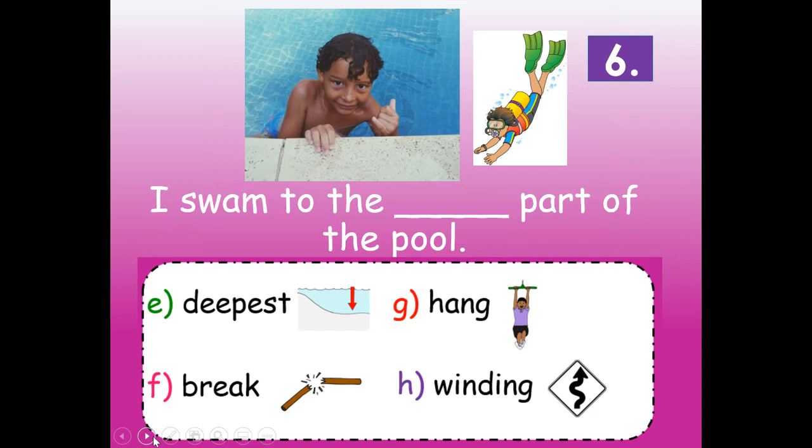Look at your picture clue there. What would make the most sense? Deepest. I swam to the deepest part of the pool. There's the word deep, D-E-E-P-E-S-T, deepest. I swam to the deepest part of the pool.